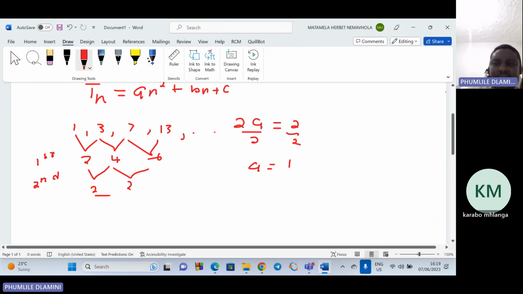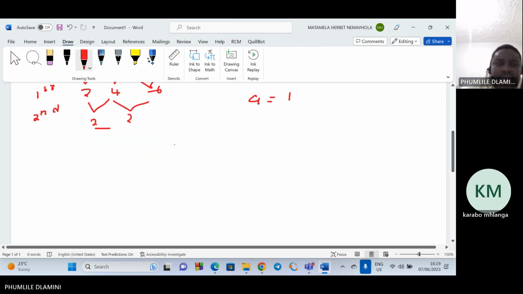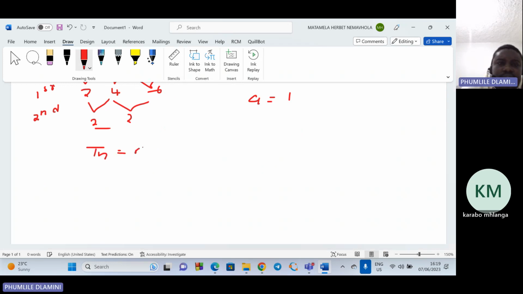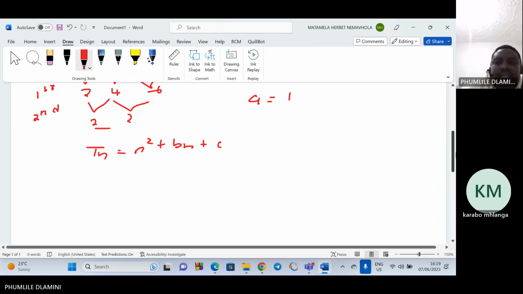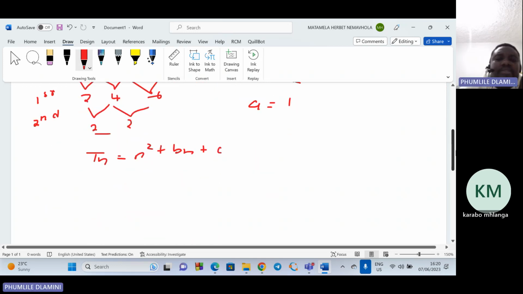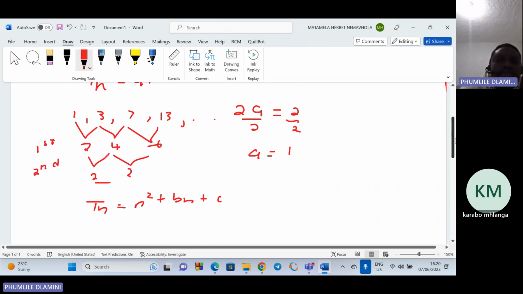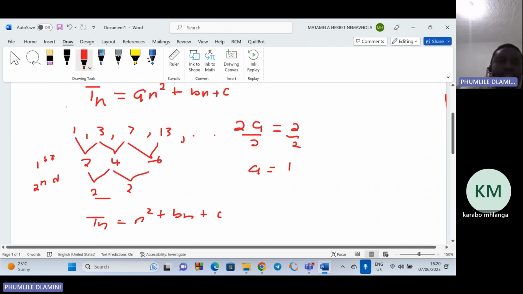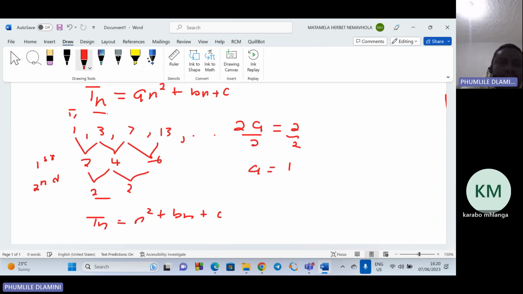So which means our Tn is going to be equal to n squared plus bn plus c. Now we know that this is T1, T2, T3, T4.